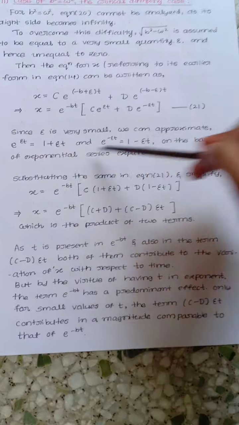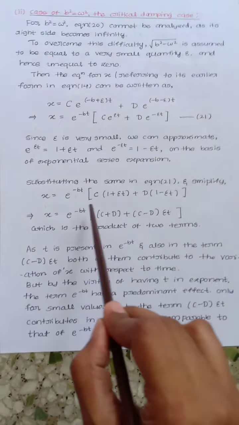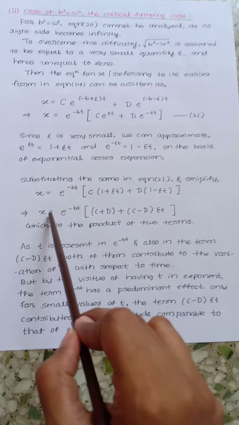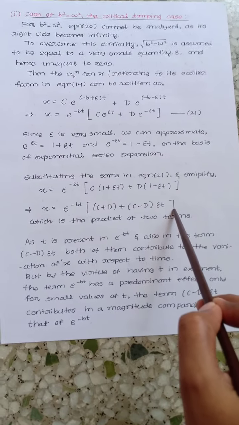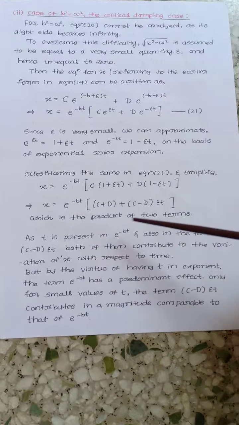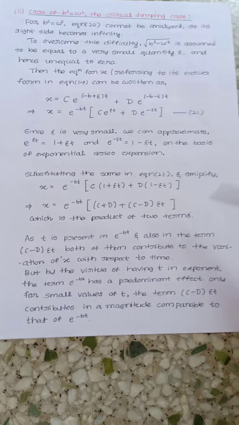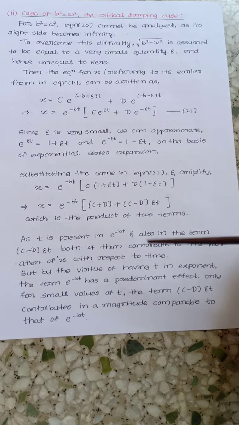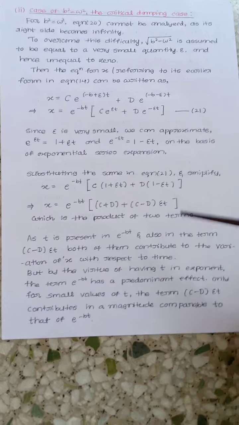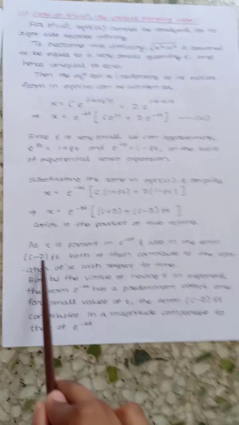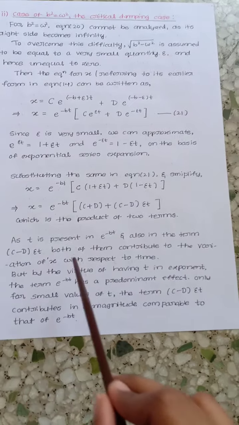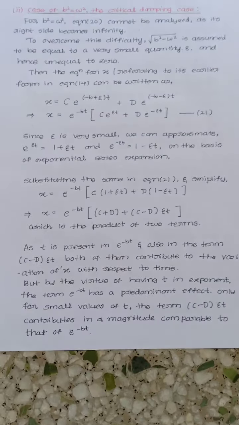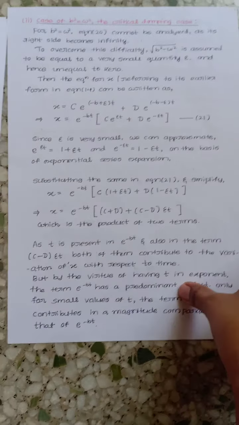Now substitute this in equation 21 and you will get this equation. Rearranging it, it is the product of two terms. The t is present in e to the power of minus bt and also in the term c minus d e to the power of epsilon t; both of them contribute to the variation of x with respect to t.